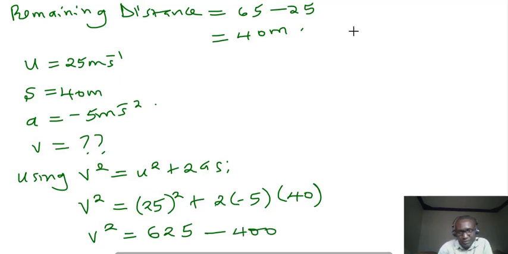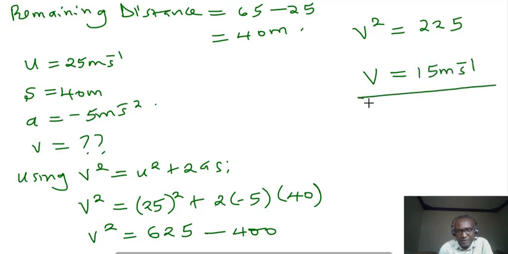So when you subtract, v squared is going to be equal to 225. Taking the square root, v is going to be equal to 15 meters per second. So this is the velocity with which the car hits the tree.